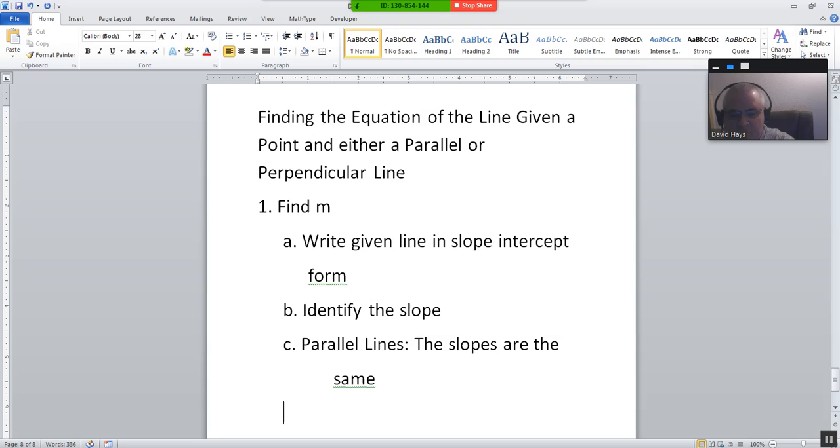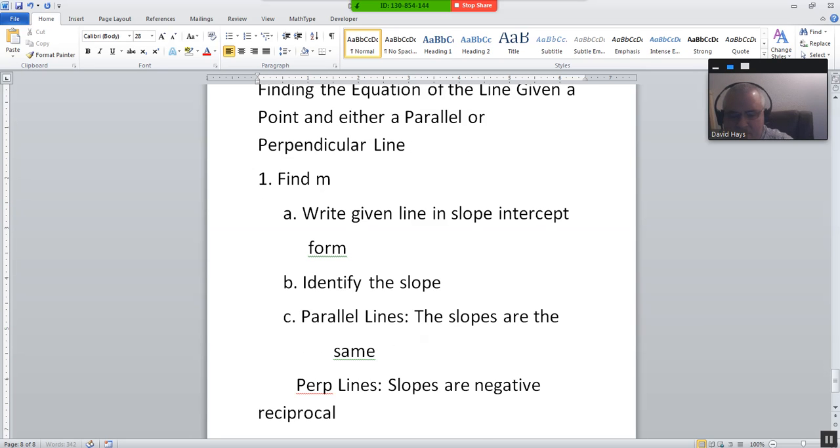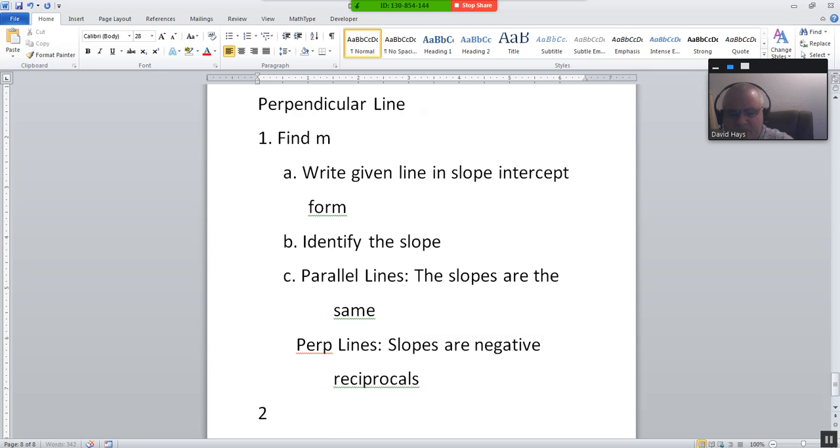Now, if you're dealing with perpendicular lines, slopes are negative reciprocals. And we'll see what in the world this refers to.